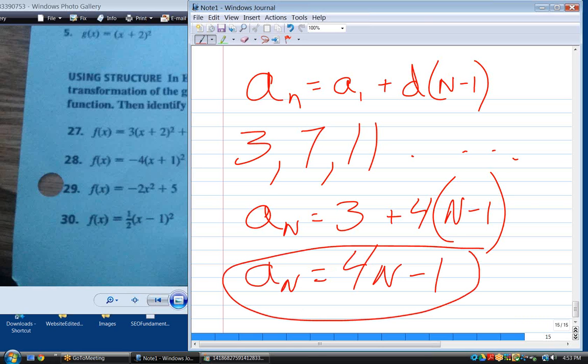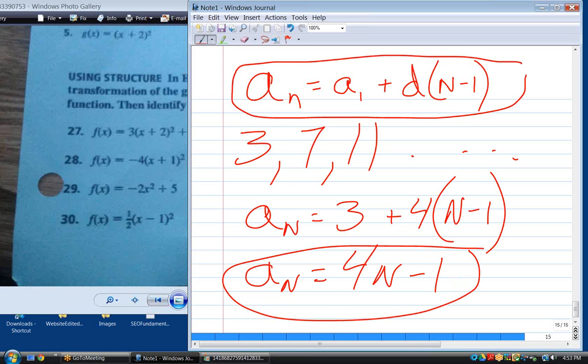So that I would call the specific nth term definition for this sequence. This is for all sequences, no matter, as long as they're arithmetic. This is true for all arithmetic sequences, but this would be true just for this sequence.